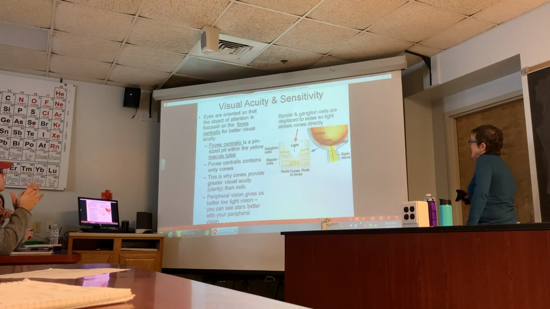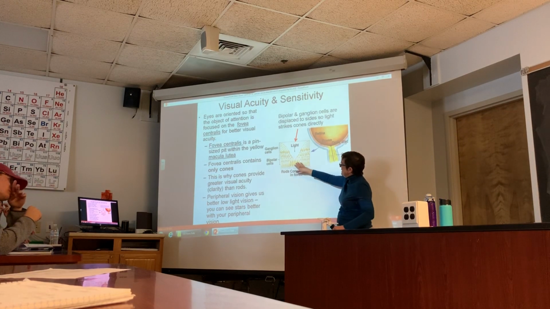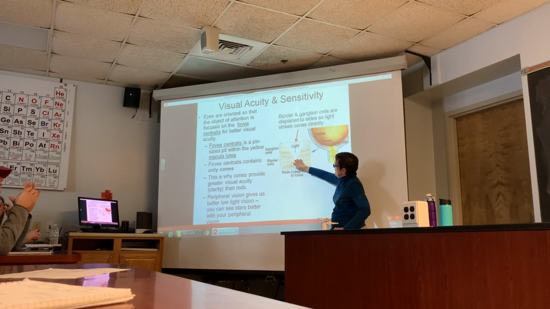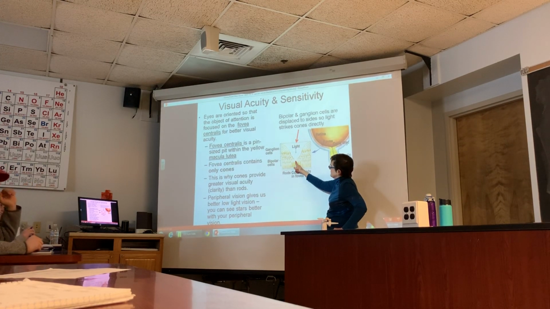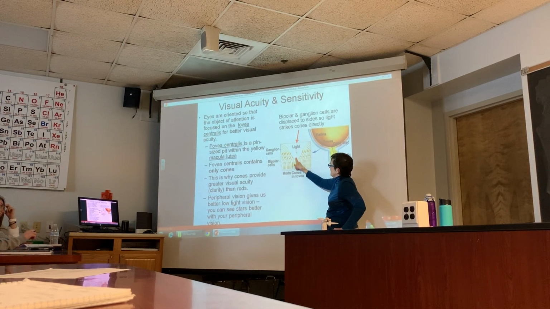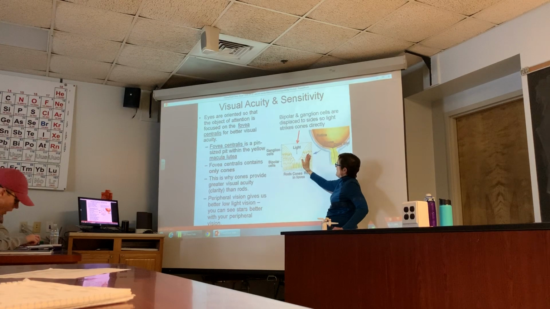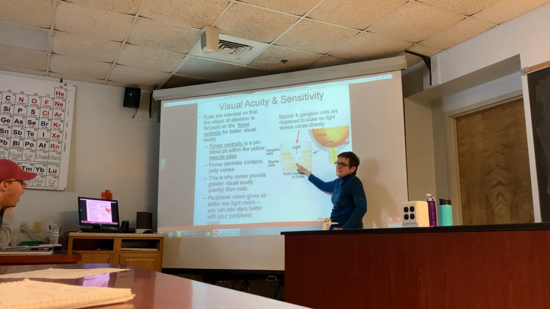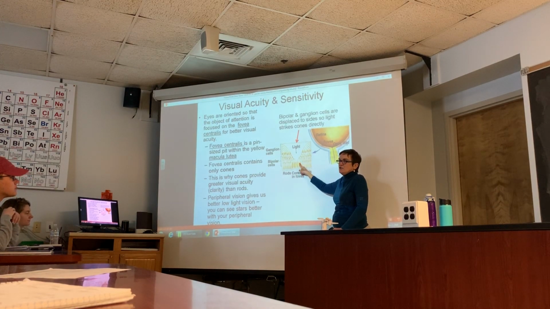Okay, now this is a picture showing what the fovea centralis looks like in the neural layer. Notice that in the fovea centralis, which is very small, this is where the focal point is, and the bipolar cells are pushed to the side, so you're directly stimulating the cones. You only have cones in your fovea centralis.